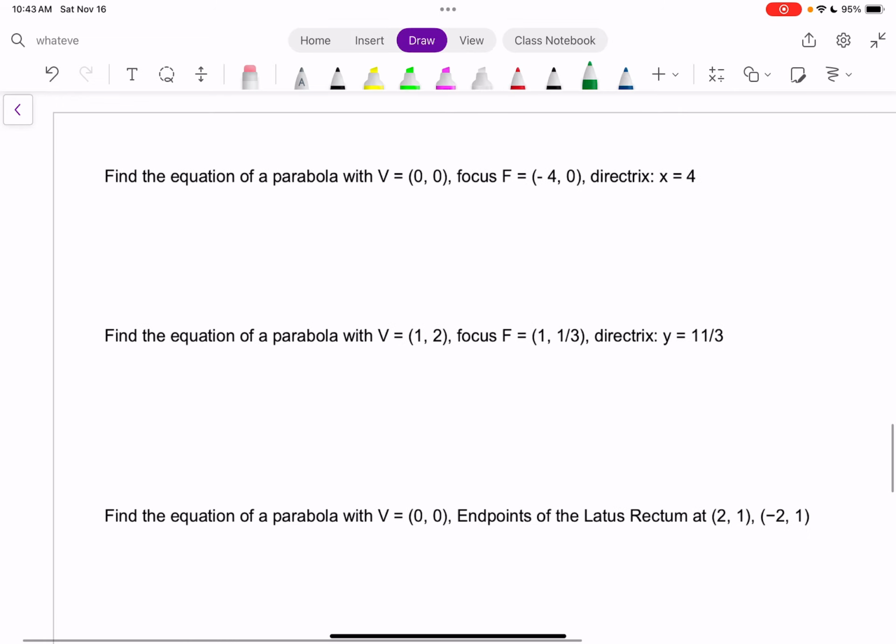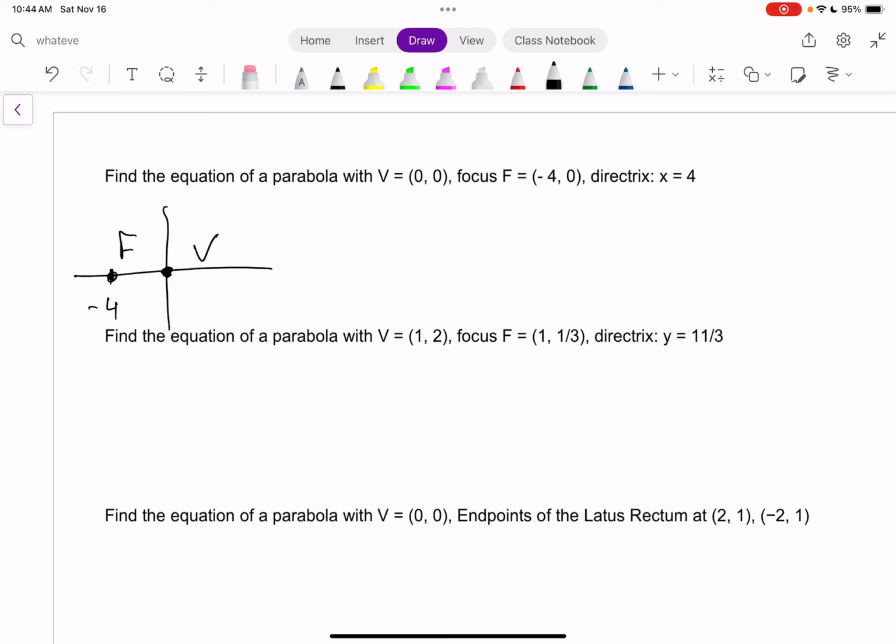All right, now let's go backwards. And that's it. Find the equation of a parabola with vertex at 0, 0. So again, as we did with the other conic sections, even though they didn't say graph it first, without a picture, you cannot figure out the answer. The focus is at -4, 0.